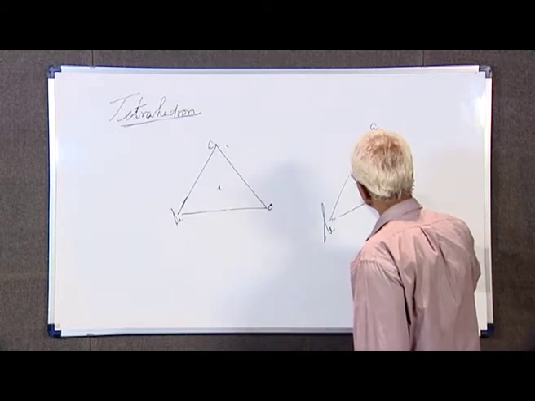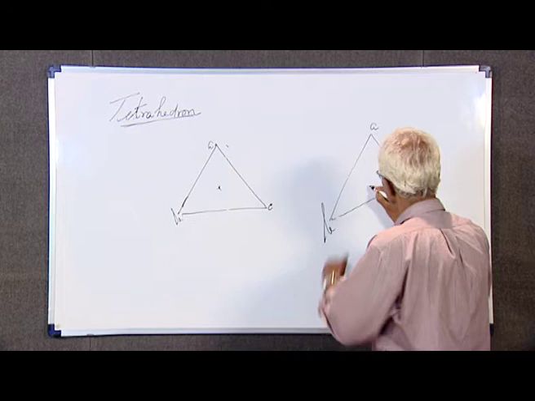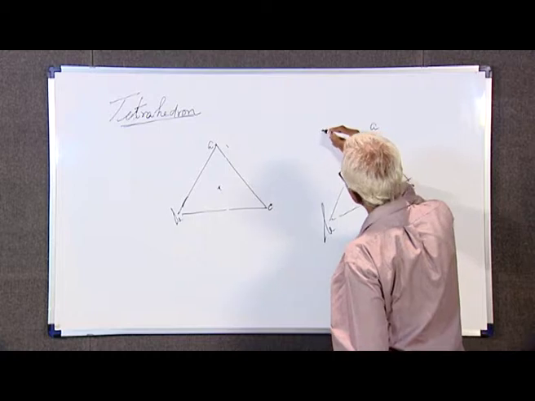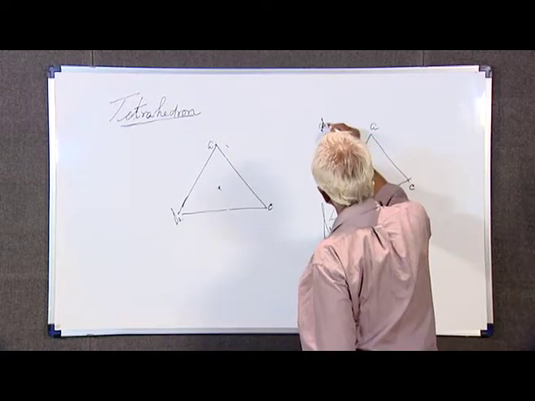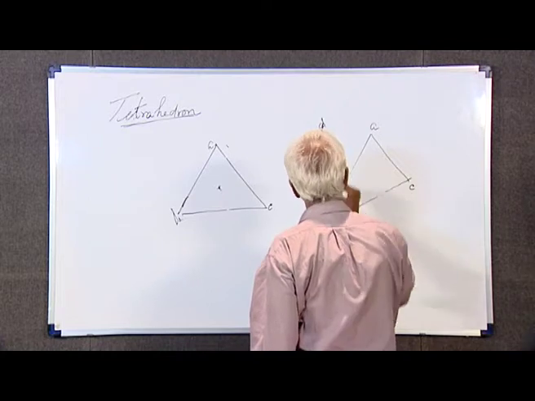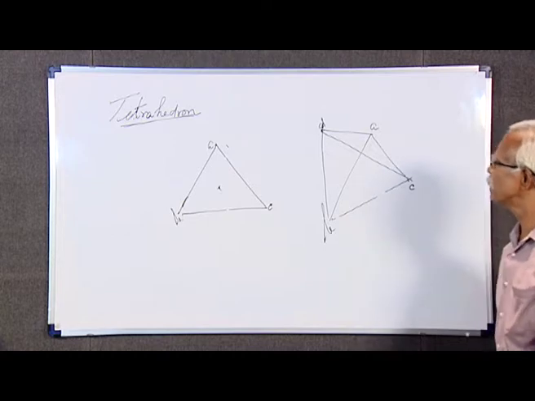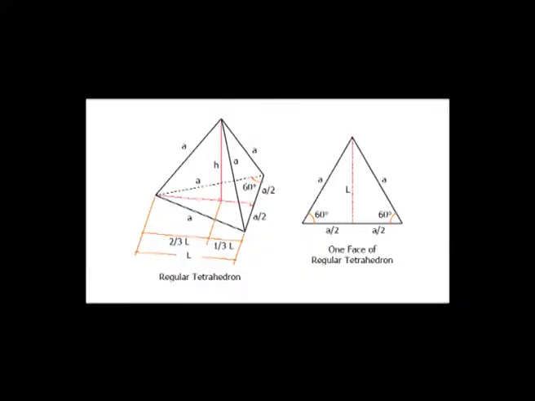Then this is the centroid, and going through a straight line perpendicular to the triangle passing through the centroid, I reach the point D. So ABCD is the tetrahedron. One can imagine this to be the tetrahedron. It is a figure bounded by 4 equilateral triangles: ABC, ABD, ACD and BCD.